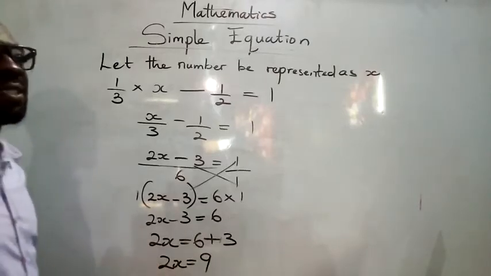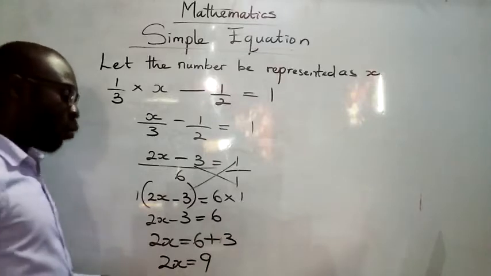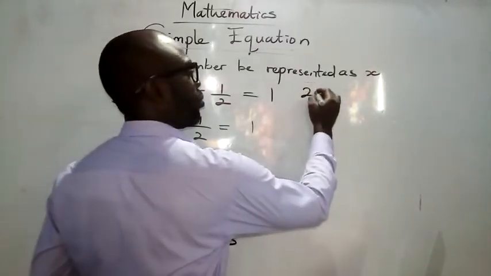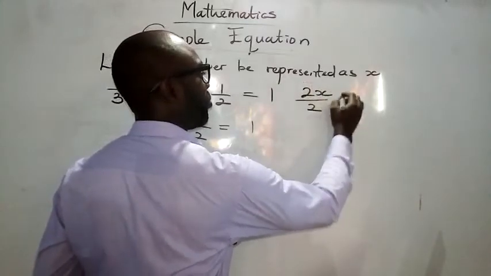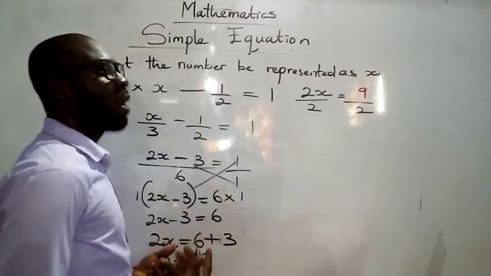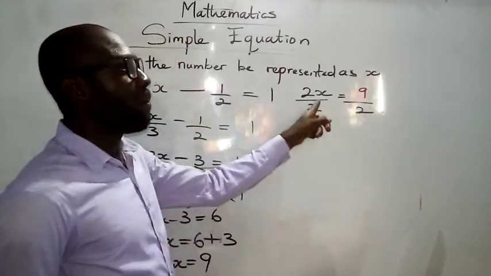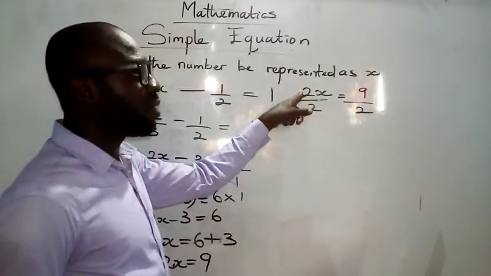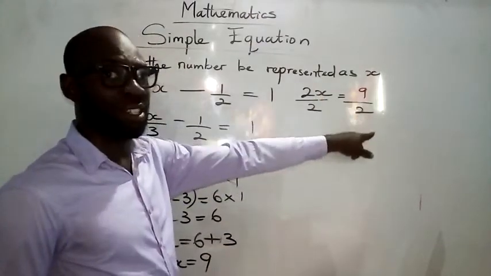In making x the subject of the formula, we're going to divide both sides by 2. 2x divided by 2, 9 divided by 2. Why are we dividing both sides by 2? Since x is the subject, the number close to it, we come down here to divide as the denominator.